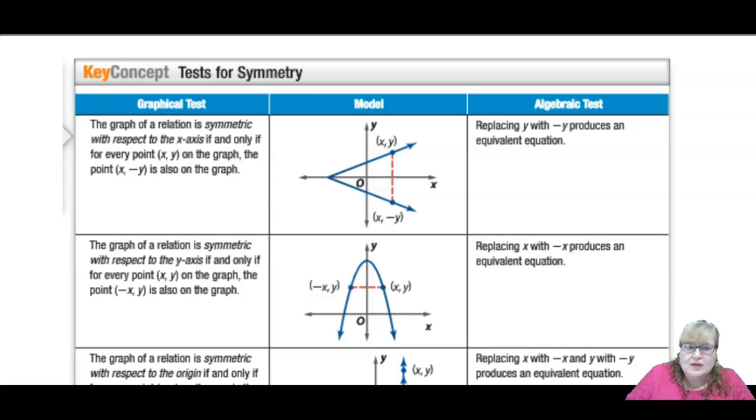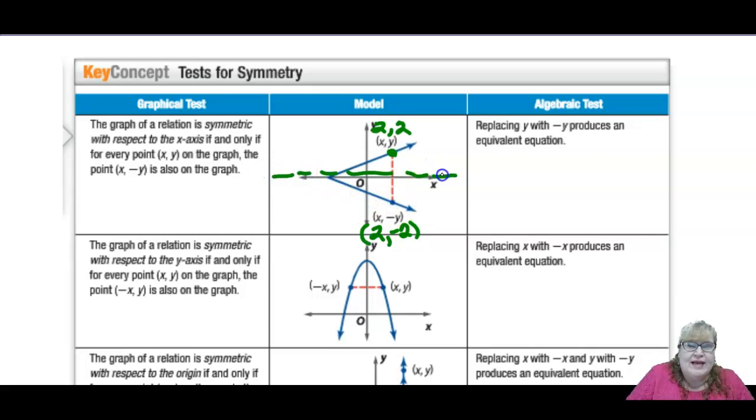If a graph looked like this, it has x-axis symmetry, which means a point, for example, over to and up to, right here, would also be matched by a point that went over to and down to.